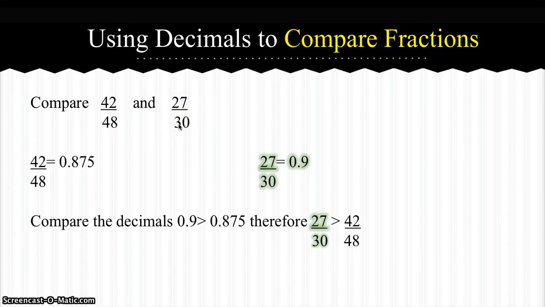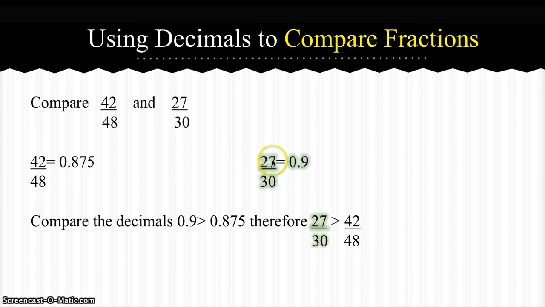It's still one pizza pie. And remember that with a fraction, it's always part of a whole. So even though this fraction here, 42 over 48, has bigger numbers, it does not necessarily mean it's going to be the bigger fraction.